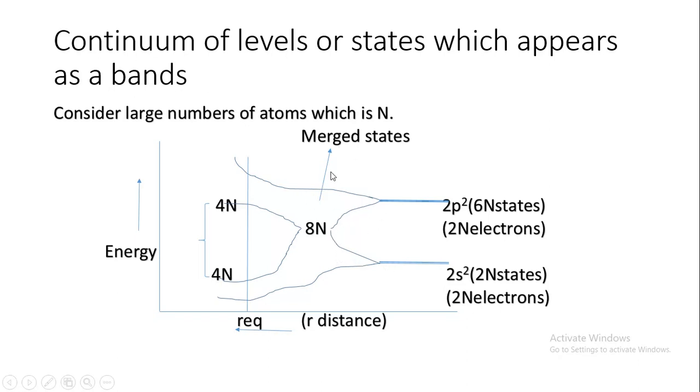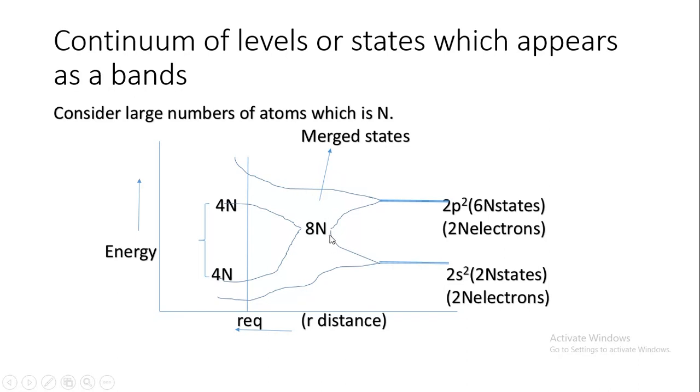Here there will be 2n electrons and 6n states. Total states will be 6n plus 2n, so here there will be 8n states. So this will be the merged state.